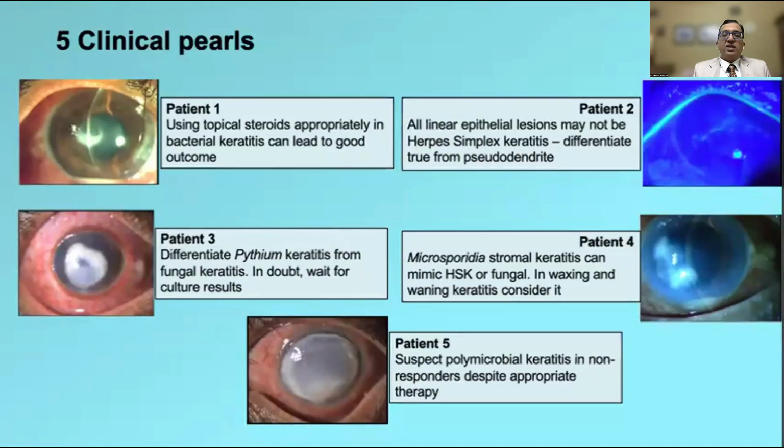If you had seen, our microbiologists had reported seeing both septate and aseptate fungal filaments, but because the aseptate made us jump into the Pythium, and because we got the culture of Pythium, it led us astray for some period of time. And so one needs to always be concerned about polymicrobial keratitis.